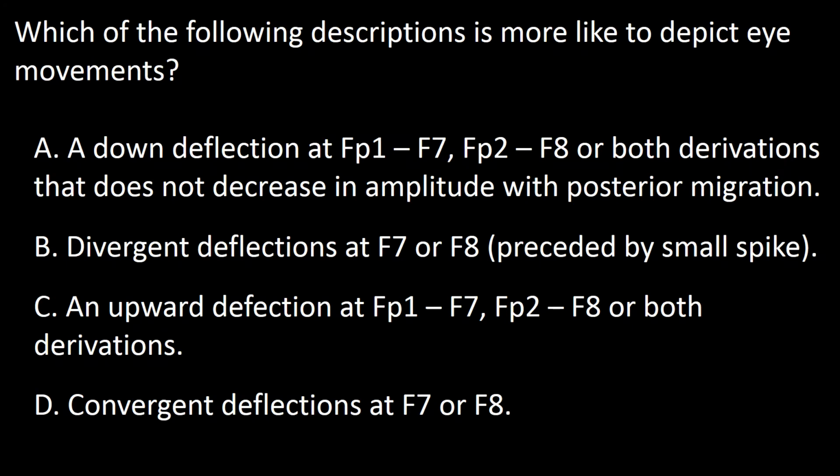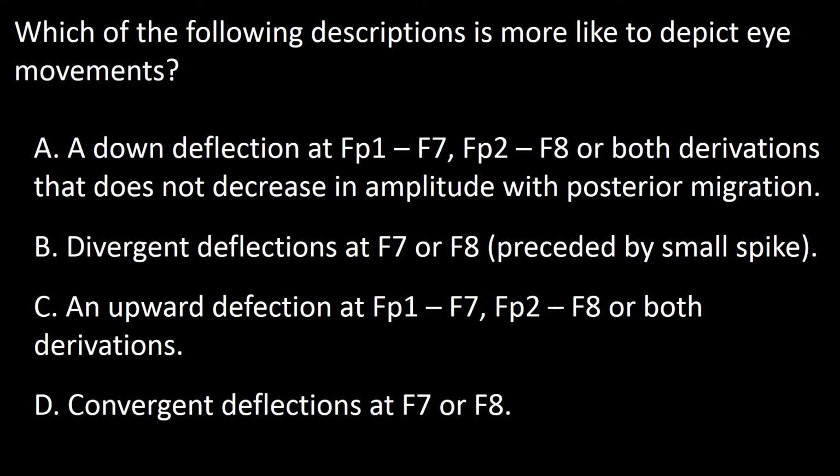Next question. Which of the following descriptions is more likely to depict eye movements? A. A downward deflection at FP1, F7, FP2, F8, or both derivations that does not decrease in amplitude with posterior migration.